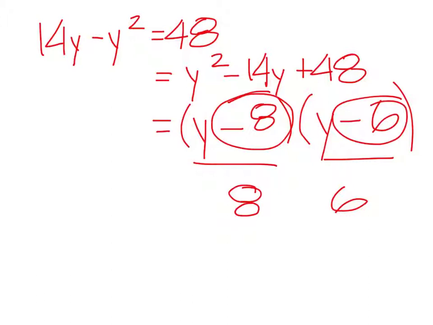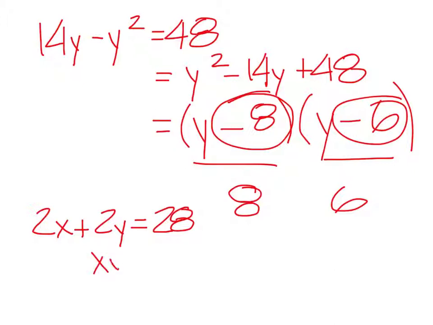Alright, so let's put that back into what we had. We had 2x plus 2y equals 28. And then for the area, x times y is 48.